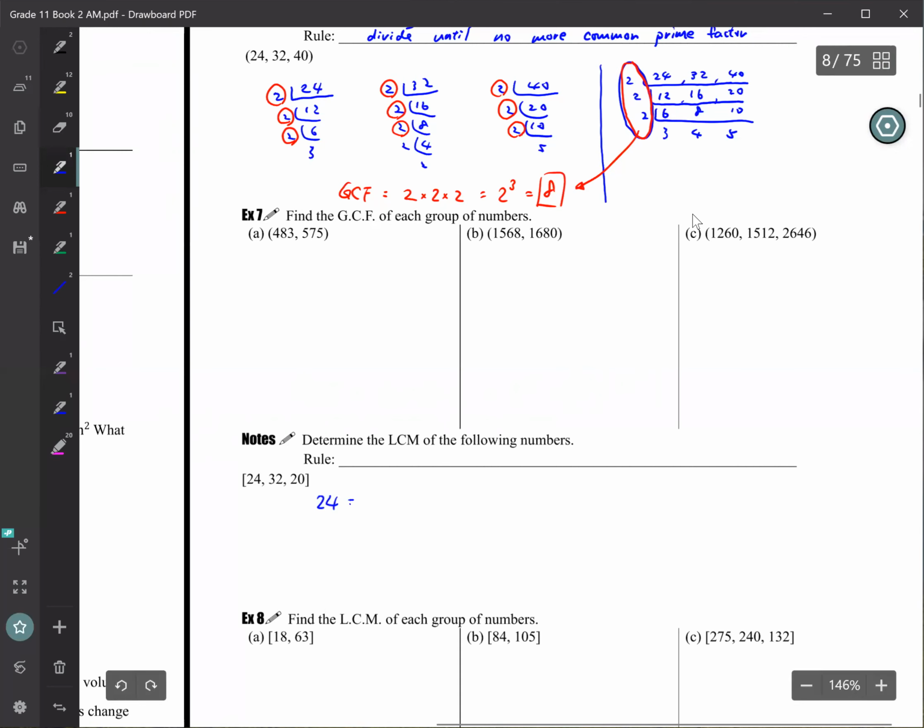24 equals 2 cubed times 3, right? And then 32 is 2 to the 5, and then 40 will be 2 cubed times 5.